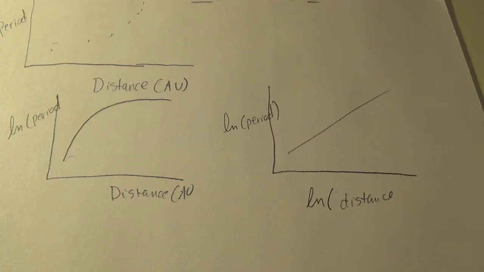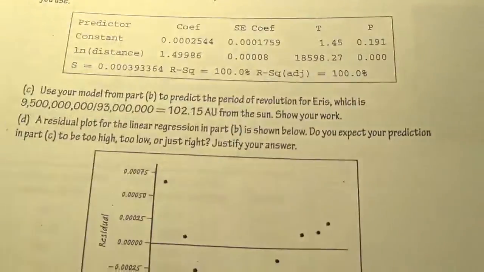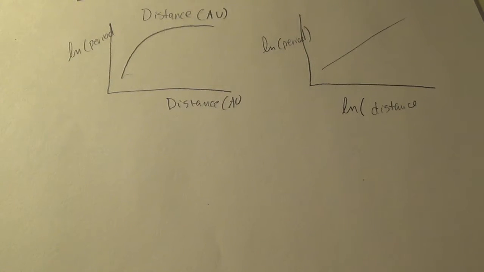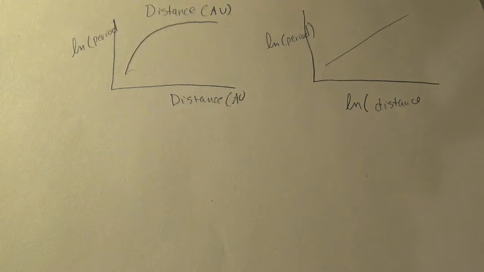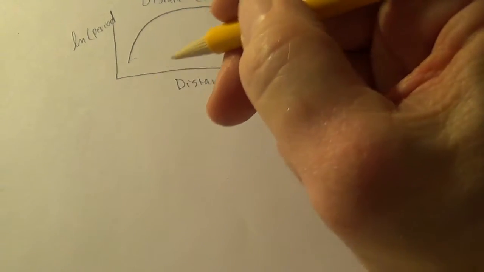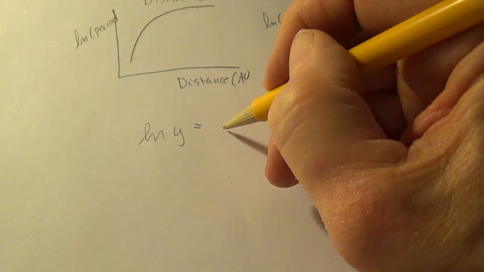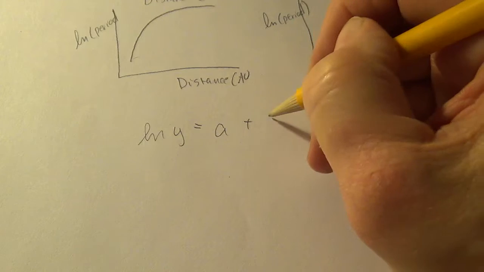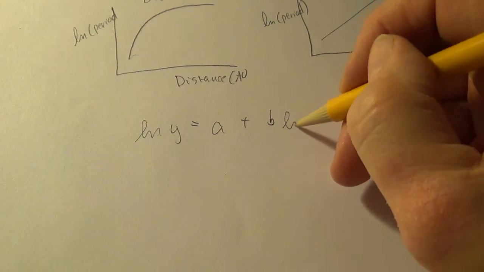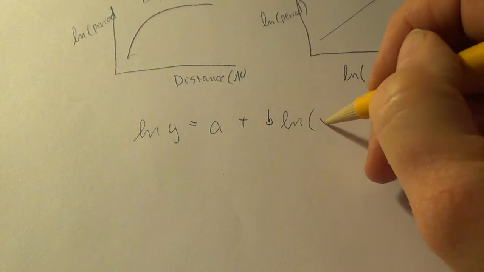Looking at Minitab on the back, let's come up with the relationship. So we're looking at these numbers here. I'm going to come up with the equation for a relationship between period and distance. So I'm going to take the ln of what was on the y-axis equals some constant a plus some slope b, and then ln of the distance, or whatever was on the x-axis.